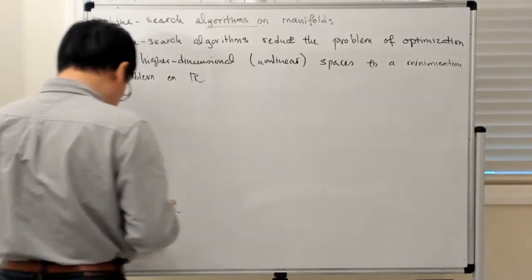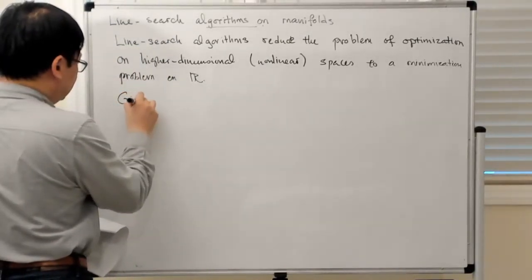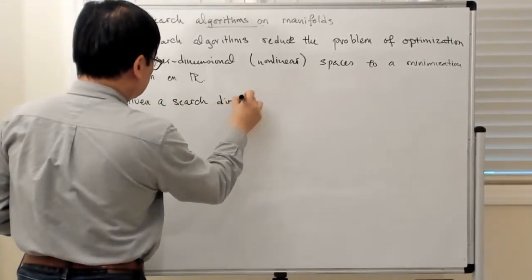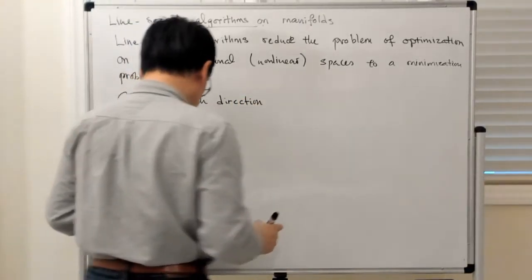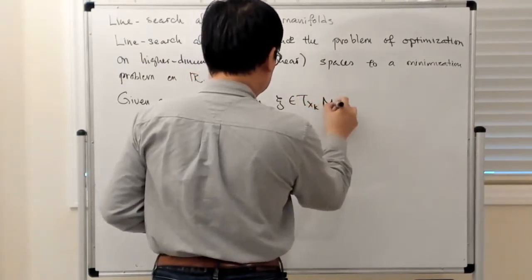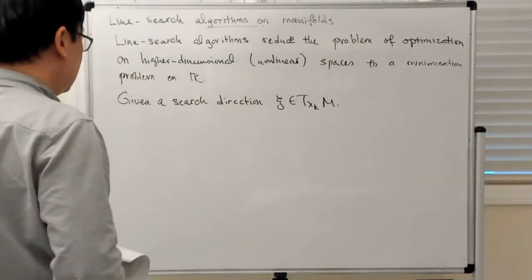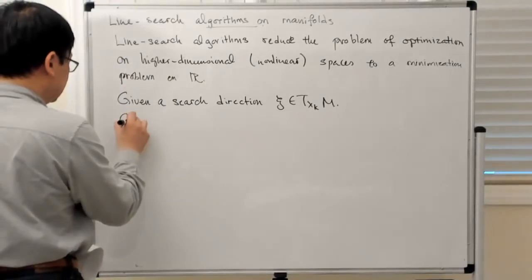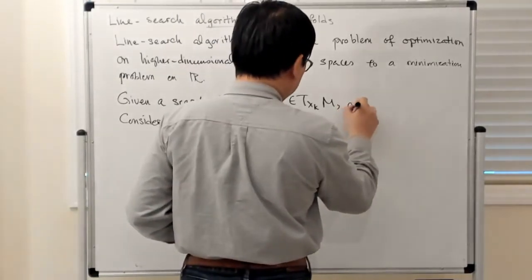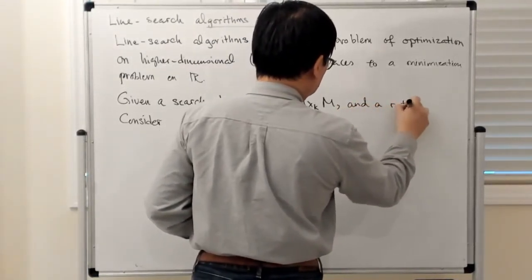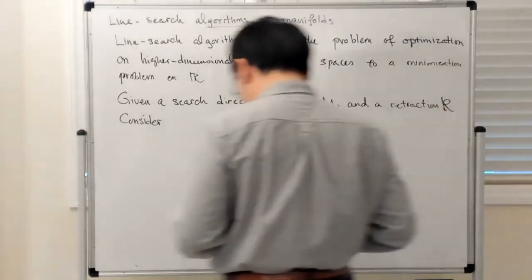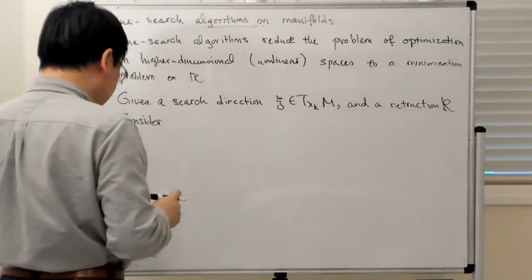Okay, so given the search direction, I need a search direction and a retraction, let's call it R. I can consider the following.